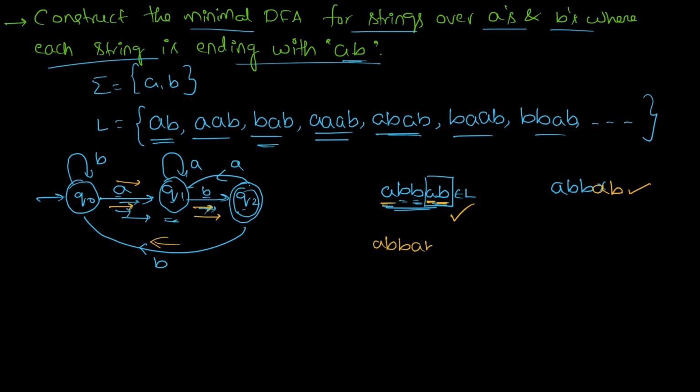ABBAB is accepted. This is how we construct a minimal DFA for strings ending with AB.